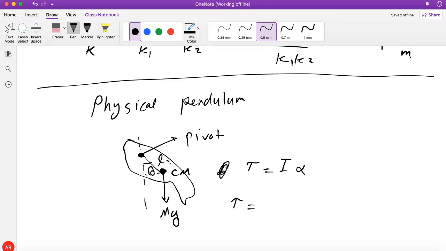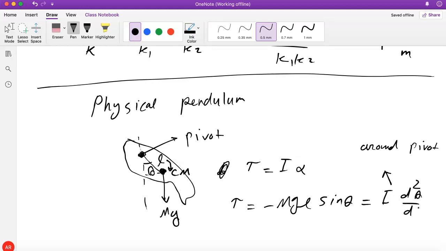It wants to rotate it this way, and theta increases in a counterclockwise way. So if we say that the positive direction is counterclockwise, this is negative, so it's minus mgL sine theta. And that equals I, which is I around the pivot point, not around the center of mass, times alpha, which is the second derivative of theta with respect to time.